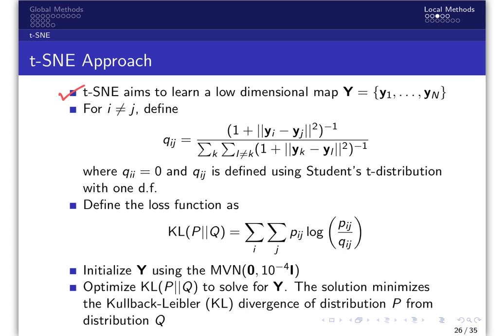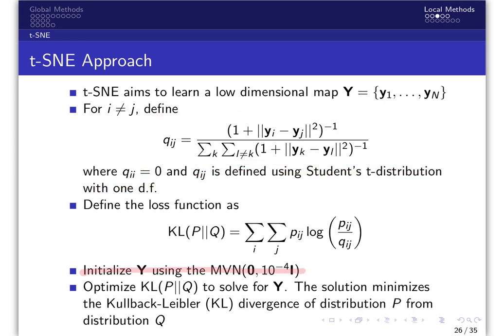Specifically, we define the lower dimensional probability q sub ij using this equation and set q sub ii equal to 0. A heavy-tailed student t distribution with 1 degree of freedom, which is the same as the Cauchy distribution, is used to measure similarities between low-dimensional points in order to allow dissimilar objects to be modeled far apart in the map.